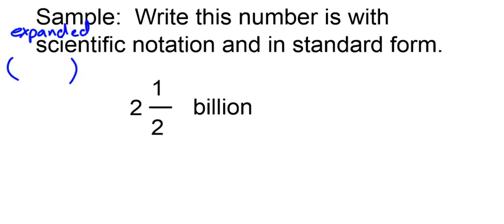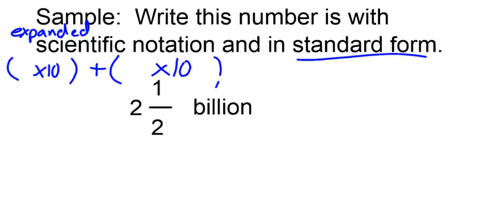So that's kind of like this, and then you have the multiplication side, and now you have the powers of 10, whatever they may be. Remember that? Good. And then in standard form, that means write it as a number, with all the zeros and whatnot involved. That's lesson 47.